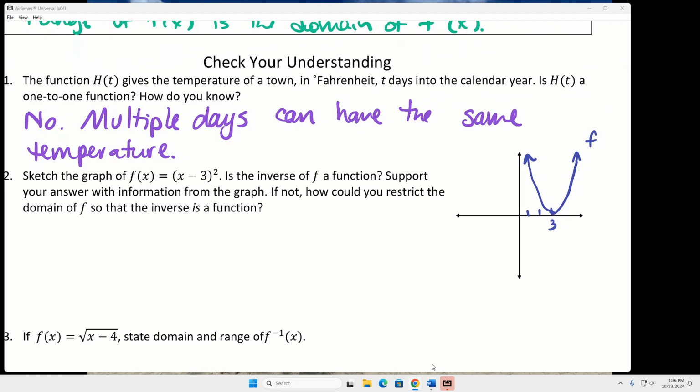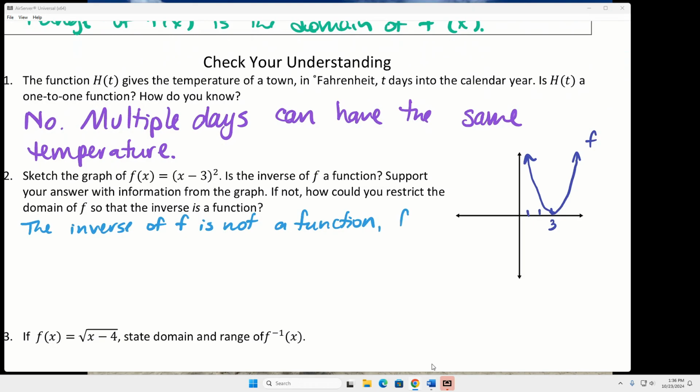Would f pass the horizontal line test? Horizontal line test? No. Right, it tells us to support our answer with the information from the graph.